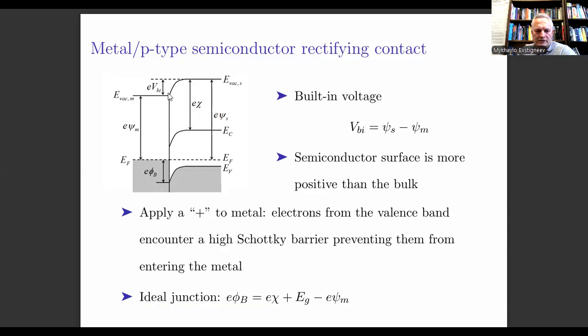Now, if you subtract from this energy difference the metal work function, what will you get? So this is E chi on the interface. It's better to look at the interface rather than the bulk. This is E chi, this is E gap. So E chi plus E gap is the energy difference between here and here. Subtract the metal work function between here and here, and this is what you get: the Schottky barrier.